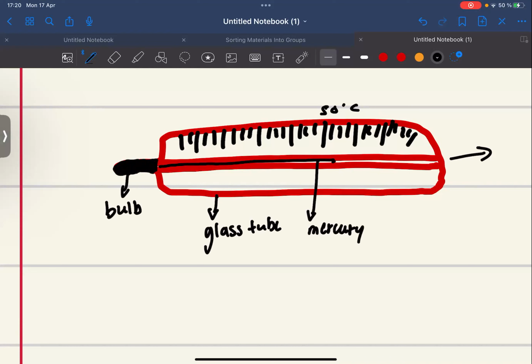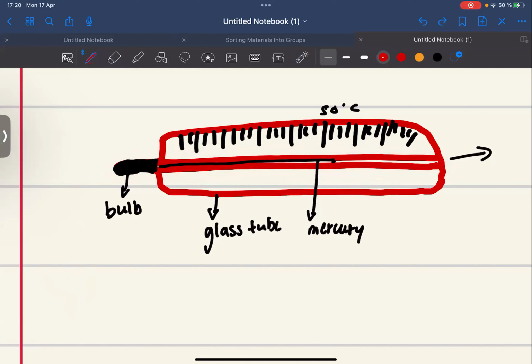The bulb you can actually remove separately. It will come out like this. This is the bulb, and the remaining is the glass tube. The glass tube is put over the bulb. The bulb contains mercury.